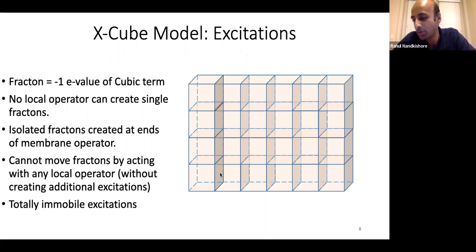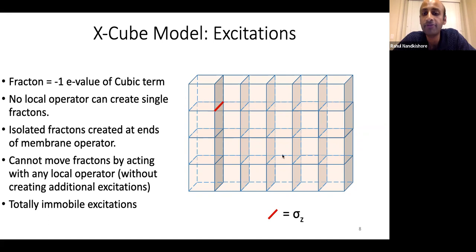Now, that's properties of the ground states, but maybe the most interesting aspect of this is the properties of the excitations. So let's imagine we start with a system that's in the ground state, and now we act with a Pauli Z operator on a single link. That commutes with every B operator because the B operators are made up of Z's.